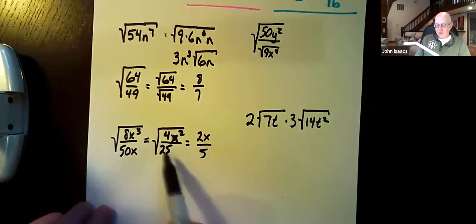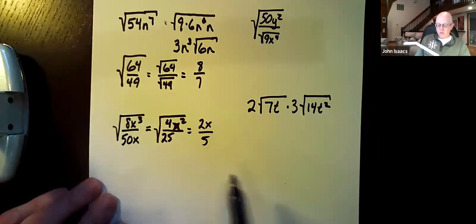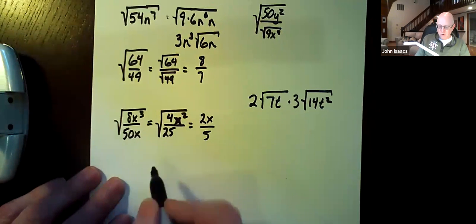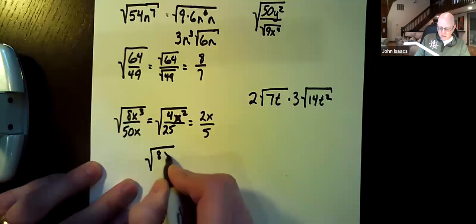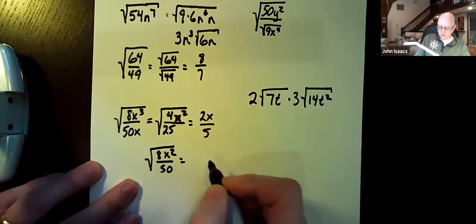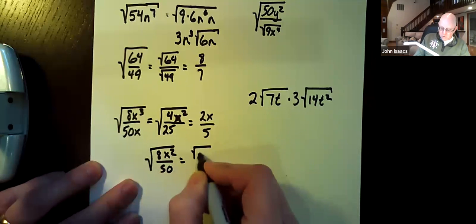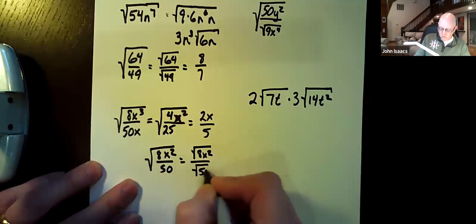Now, if we hadn't done this with the numbers, well, that's the best way to do it. But if you hadn't done this with the numbers, you could have just done it with the variable and simplified 8x squared over 50. That would simplify to square root of 8x squared over the square root of 50.